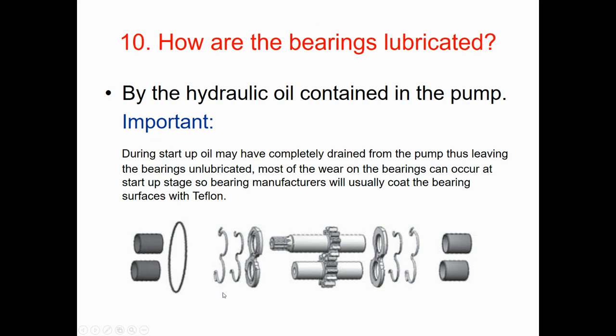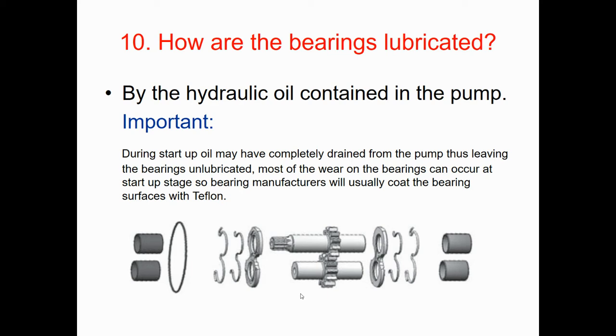So how are the bearings going to be lubricated? We said that these bearings are going to be made of steel, but coated with Teflon. The Teflon has the ability to absorb an amount of the hydraulic fluid and save it for the next run.